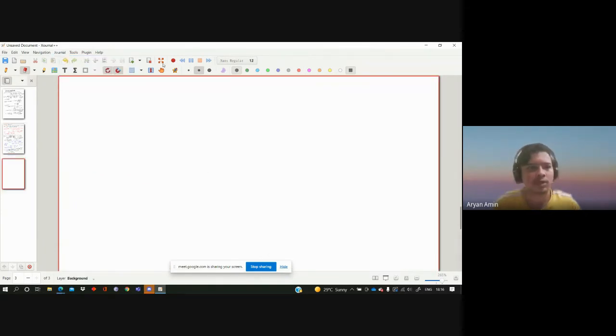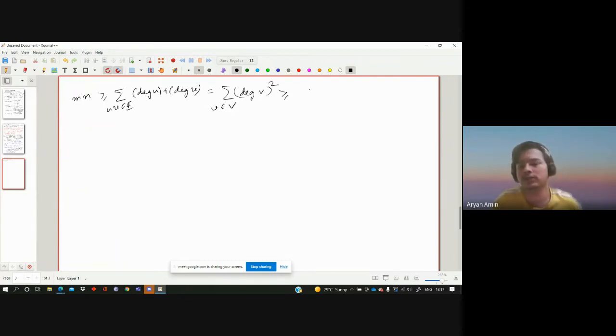We had mn at most the summation over edges uv of degree u plus degree v, which becomes the summation over v belongs to V of degree v, whole squared.